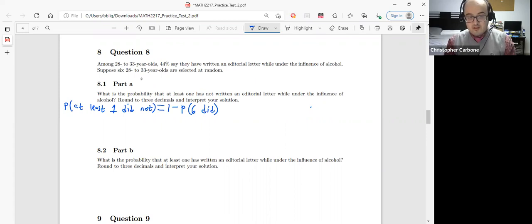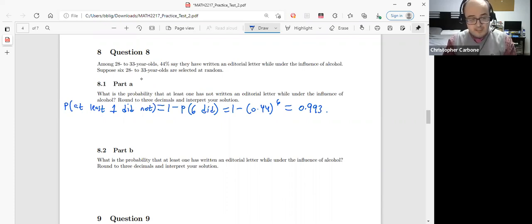So 0 of them did not is the same thing as 6 of them did. This is 1 minus 0.44 to the 6th power, or as a decimal, 0.993.